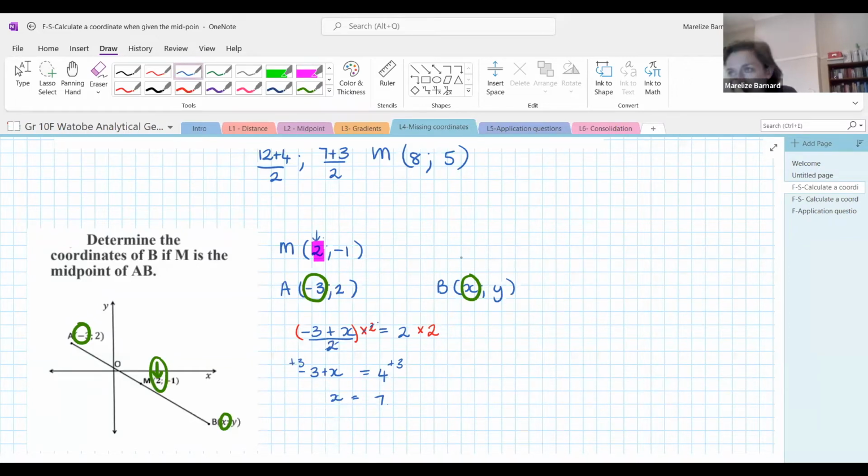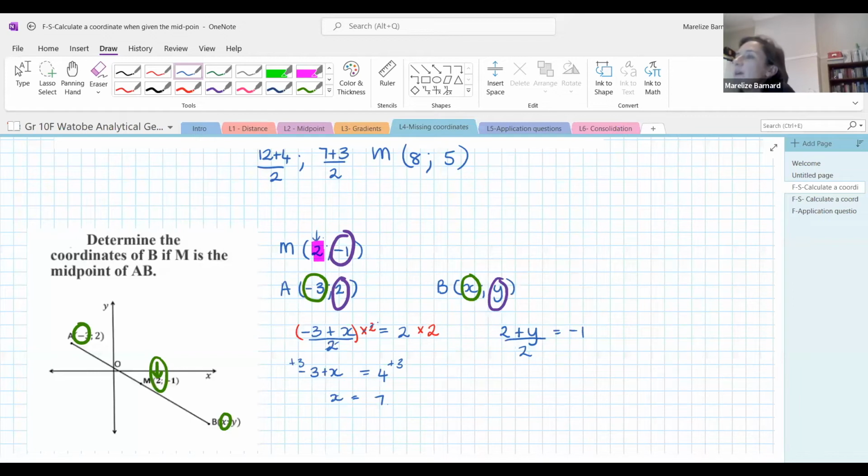Thank you. Okay. Right. So for this one, we're going to say 2. This 2 from the A plus this y coordinate divided by 2 must give me minus 1, because that is the y coordinate of our midpoint.